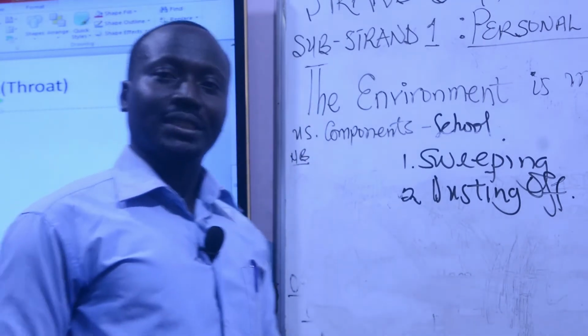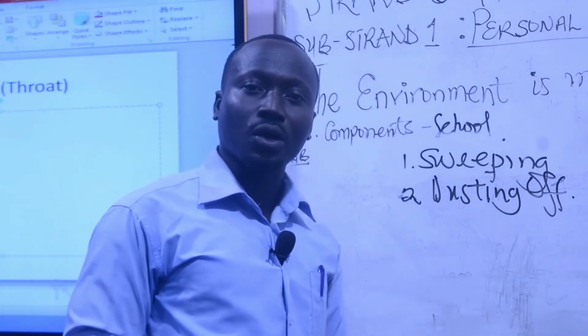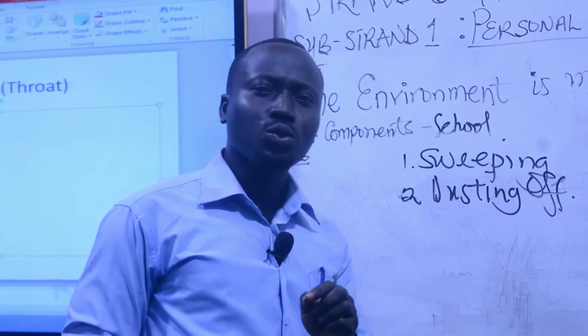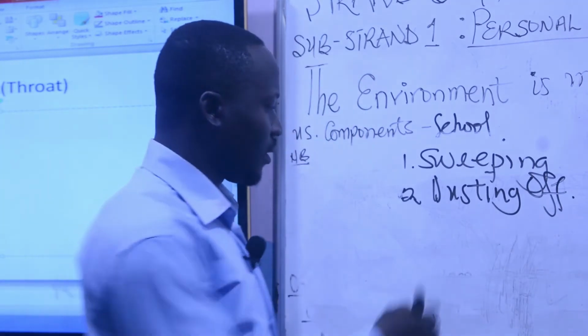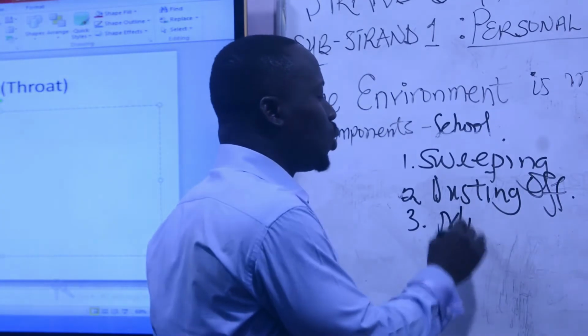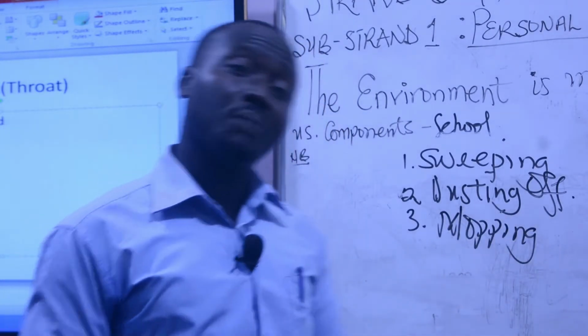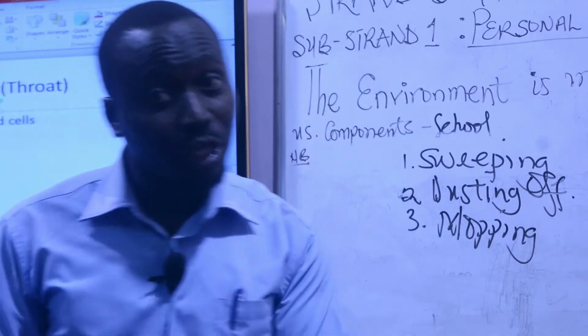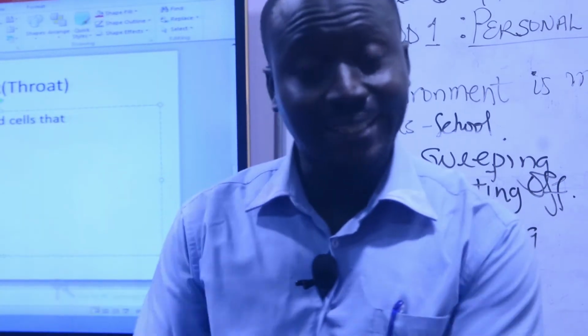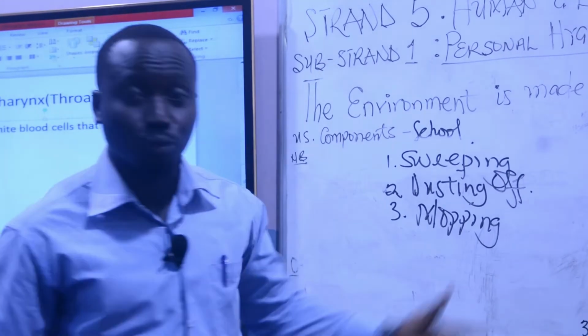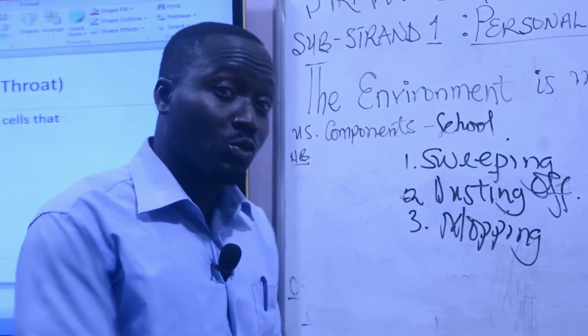The next point after dusting your place is to make sure you also mop. Use the mop. Try as much as possible to mop the floor. Mopping is another way of keeping your environment clean. When you mop, you are avoiding dirt and dust around you. And germs will never be happy to stay with you.